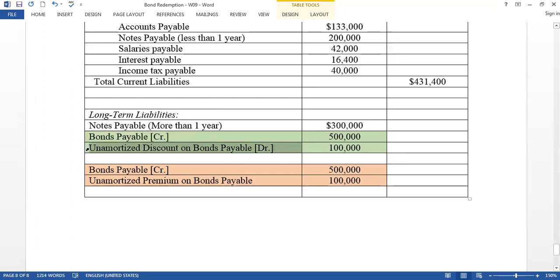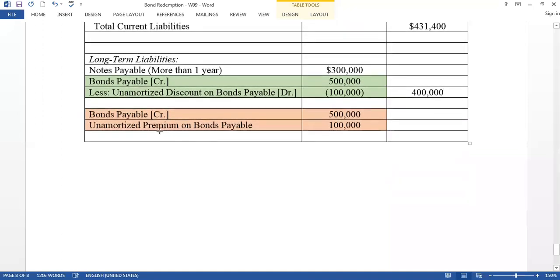The relationship is negative. That means this $100,000 is going to be deducted from bonds payable. Clear? Then the carrying value of the bond here is $400,000.